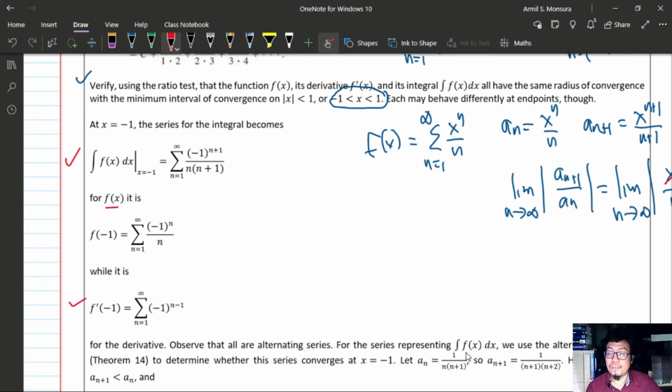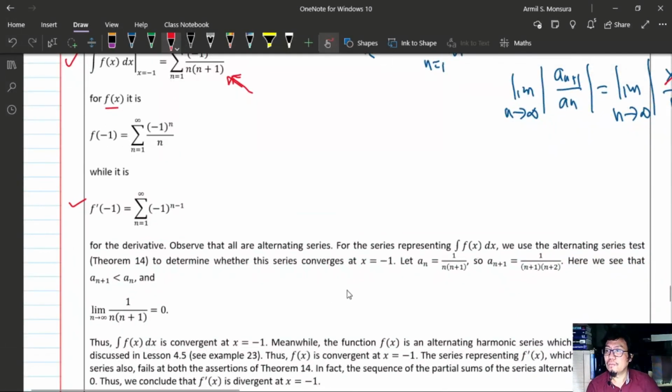We use theorem 14 to determine whether this series is convergent. Remember that I already have replaced x with -1 there, because I am trying to determine whether this converges at x equals -1.